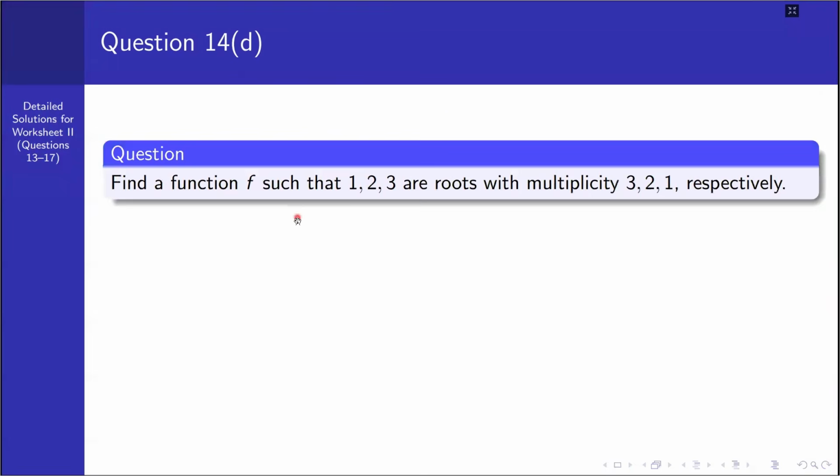Okay, next, find a function f such that 1, 2, and 3 are roots with multiplicity 3, 2, and 1 respectively. That means 1 is a root of the given polynomial function f with multiplicity 3, 2 is also a root of the same function with multiplicity 2, and 3 is a root of this one with multiplicity 1.